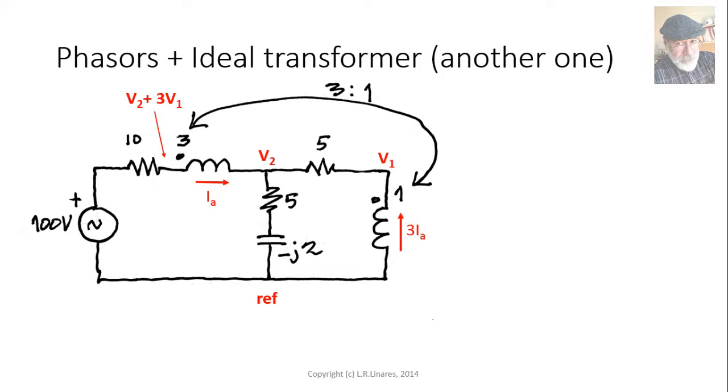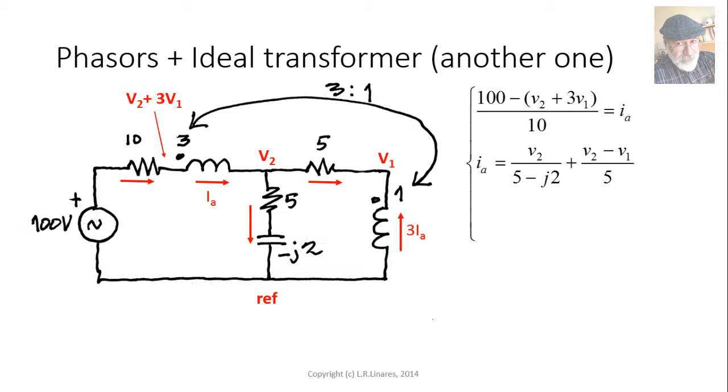And now we represent the branch currents arbitrarily chosen, and we write KCL equations, right? This one, yeah, for this node, the V2 plus 3V1 node, currents entering that node, (100 minus (V2 plus 3V1)) divided by 10, that is equal to IA.